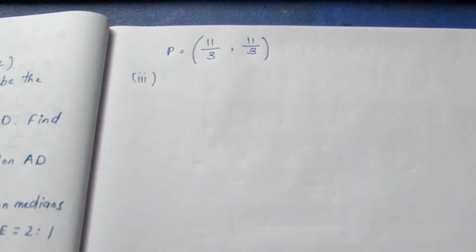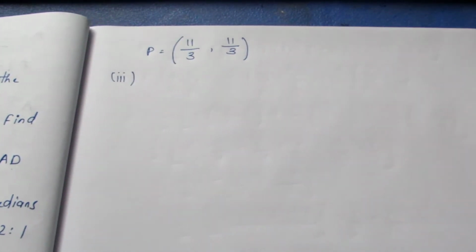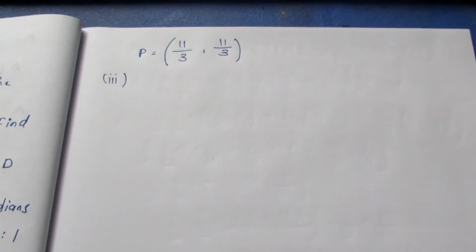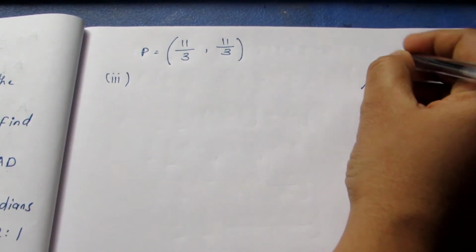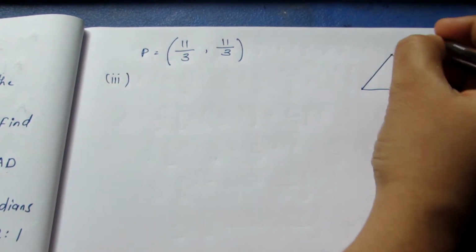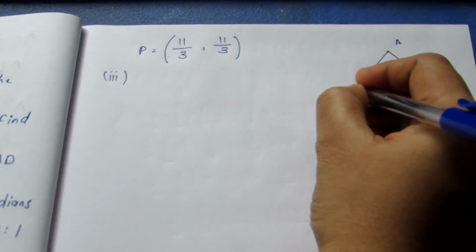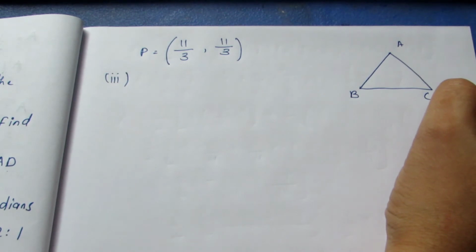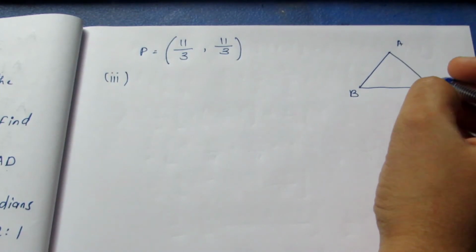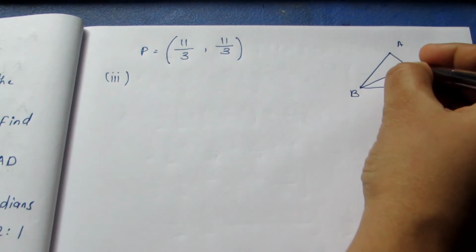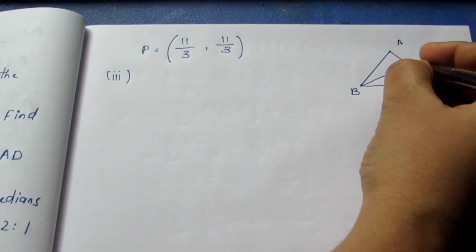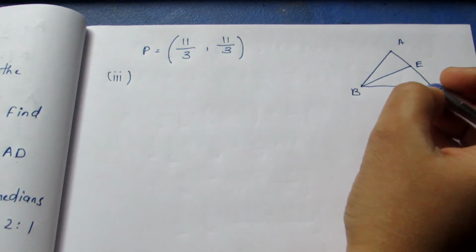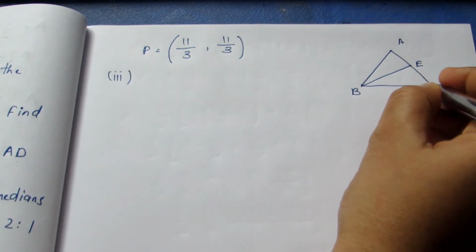In the third subdivision, it is given to find the coordinates of points Q and R on the medians BE and CF. Let me draw the diagram. ABC, they have given Q and R on the median BE and CF.